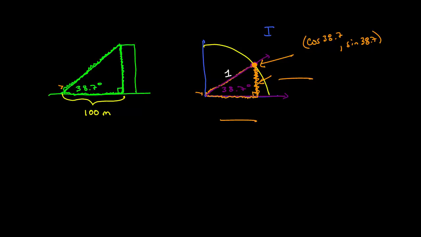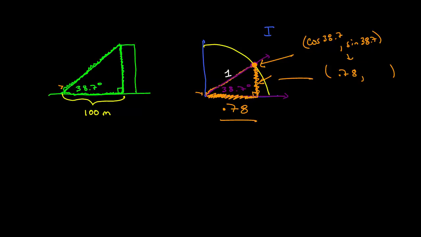That gives me 0.78, and I'm going to round this. So since this is the x value, this length down here is also the x value, 0.78.